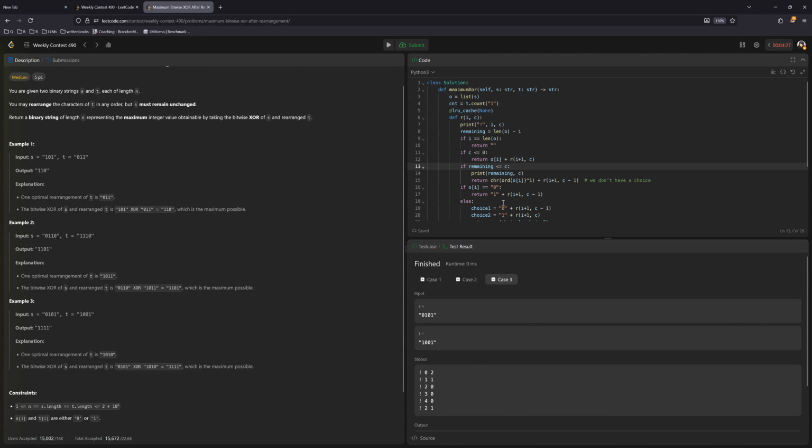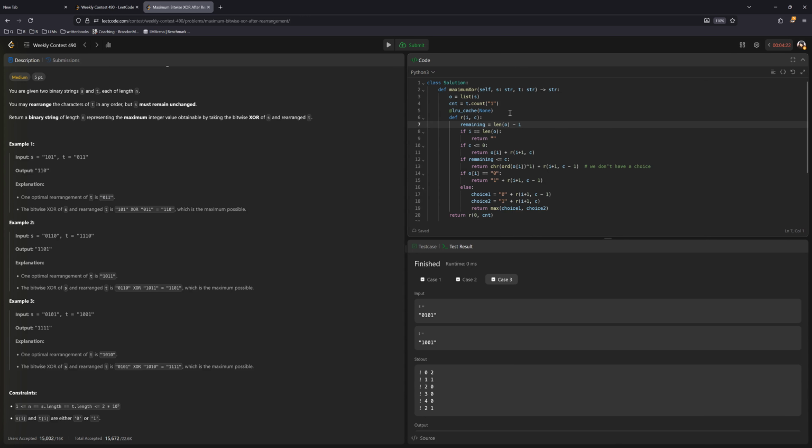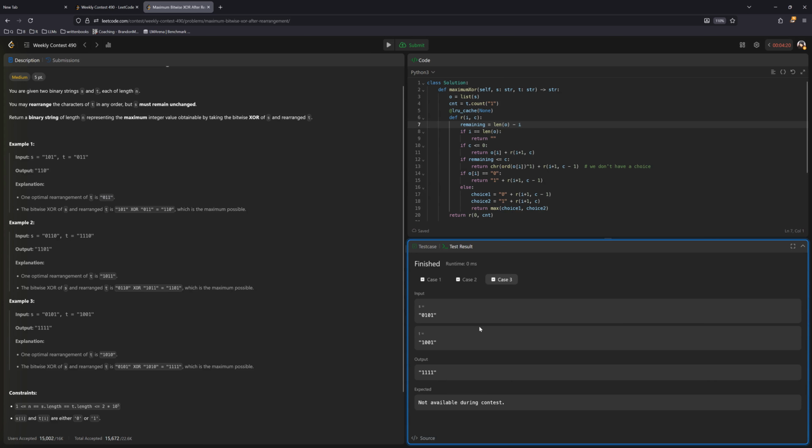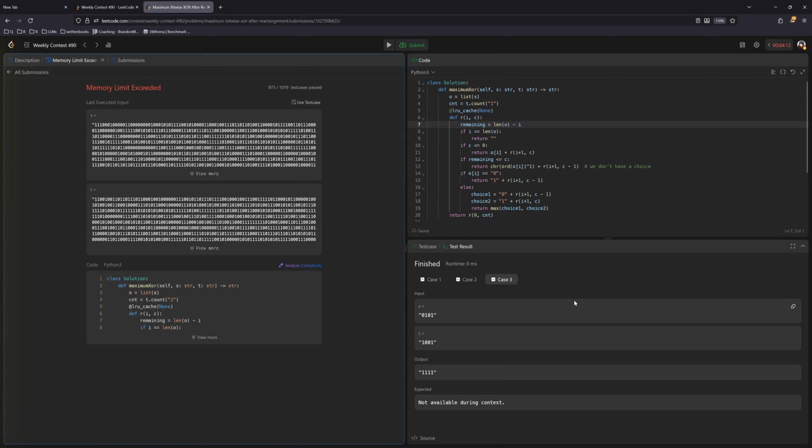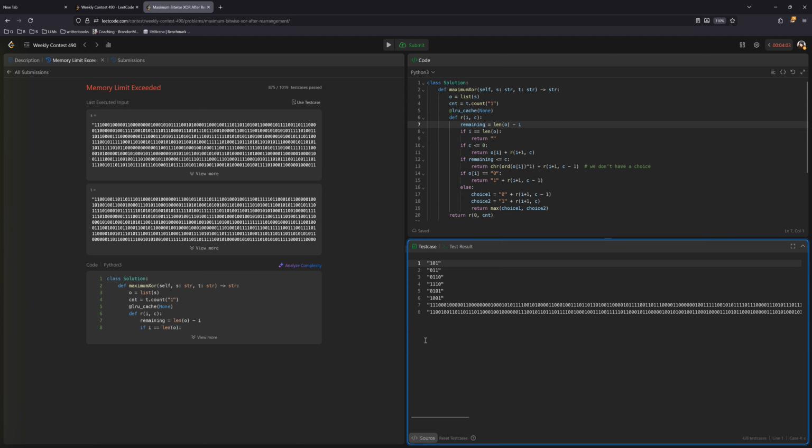And okay, so print is gone, run. I think it's going to time out. Memory limit exceeded. Well, same basic concept, I guess.